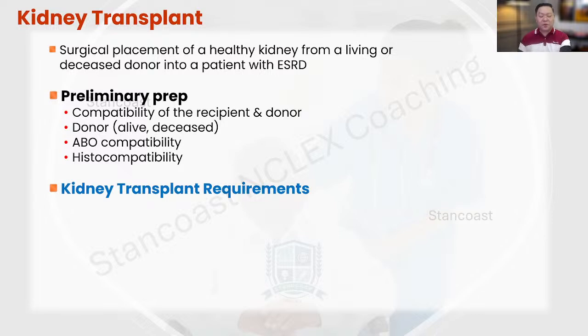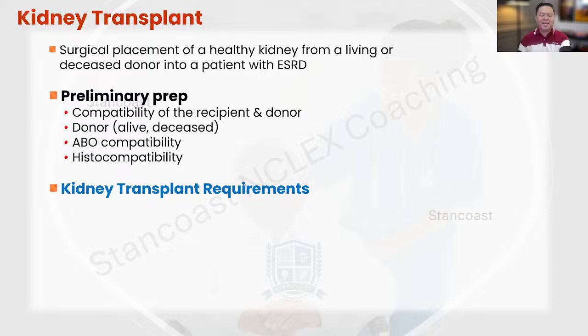If the kidney is from a deceased or heart-beating donor, it must be adequately perfused to ensure that the organ is viable during the procedure. And the donated kidney is going to be surgically placed in the recipient.